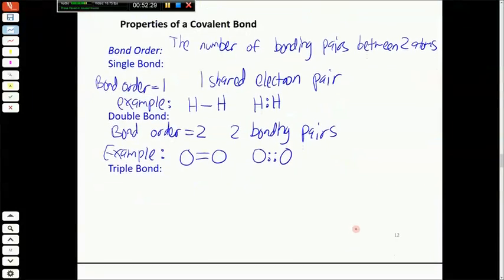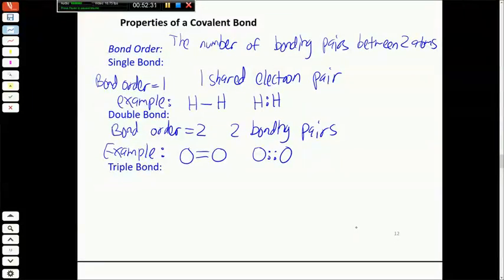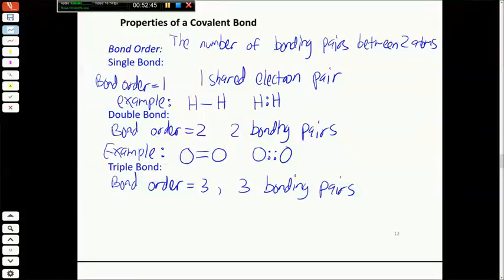And then we also have up to triple bonds, as I said, which would be a bond order of 3. Three bonding pairs. So nitrogen is a triple bond.